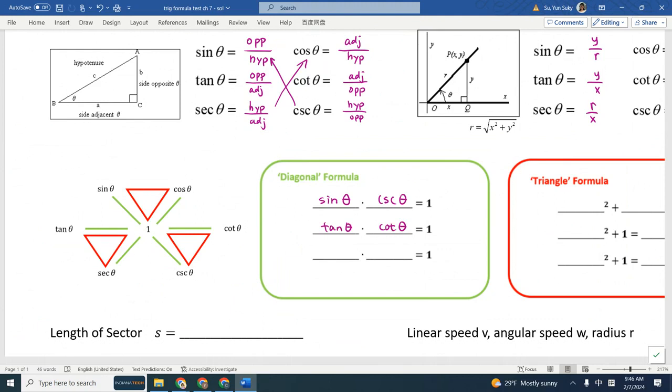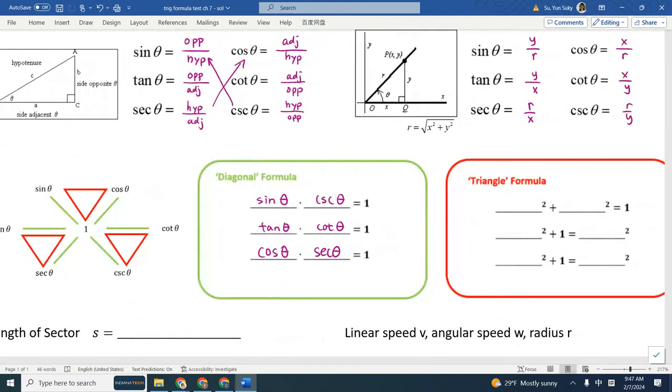What is the remaining diagonal? Yes, so cosine theta times secant theta is 1.